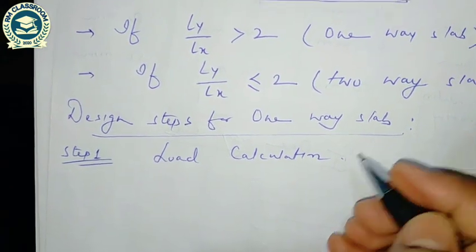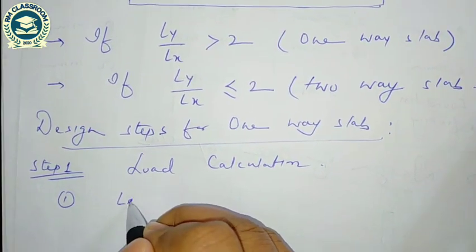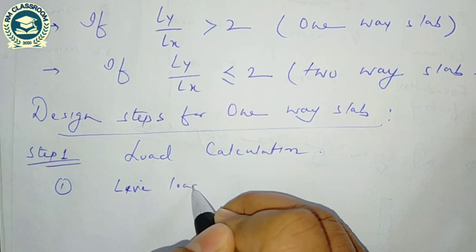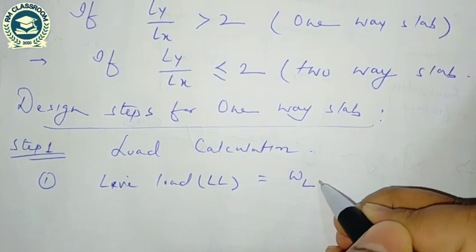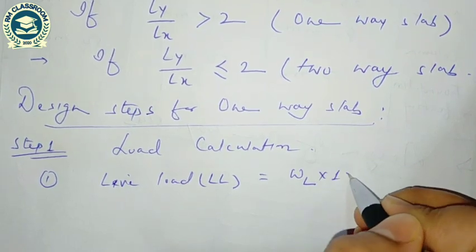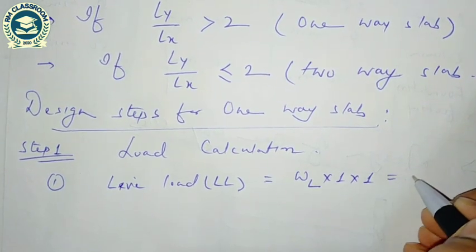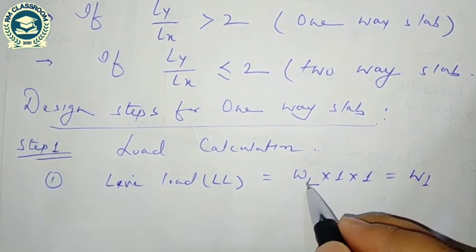In load there are various loads. First load is live load. So live load we have to compute; if live load is given, multiply by 1 into 1. Let us assume it is W1, where WL is the live load in kilonewton per meter.